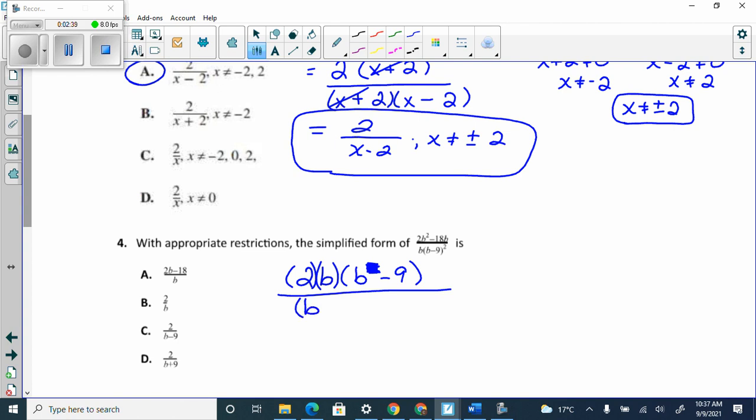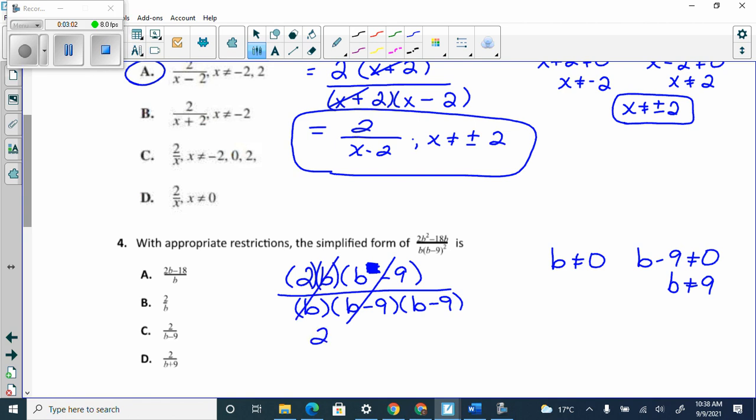You don't go foiling, because if you foil, you're just making it messy. You're expanding, not simplifying. So my NPVs are going to be b can't equal 0, and b minus 9 can't equal 0, so b can't equal 9. And then cancel, cancel, 2 over b minus 9.